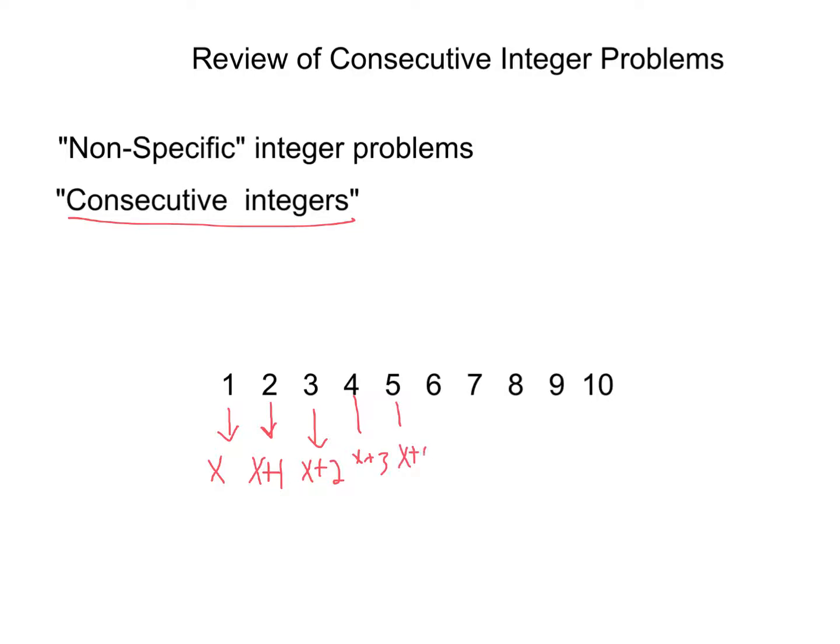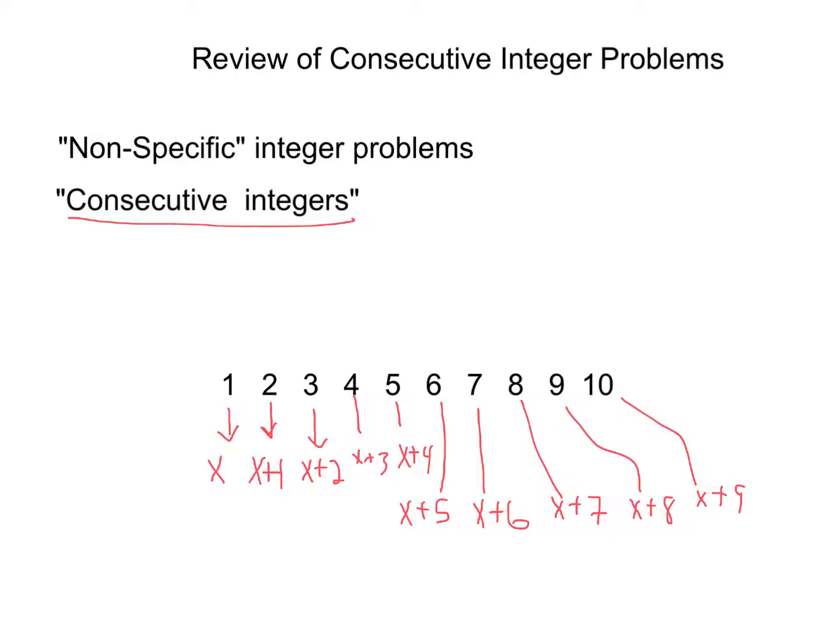X plus 4, I've got to come down here a little bit, I need more room. X plus 5, x plus 6, x plus 7, x plus 8, and x plus 9.